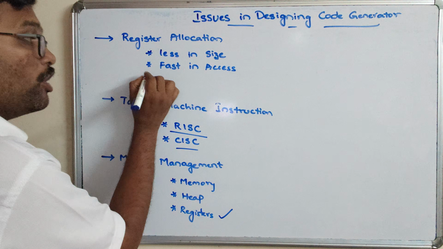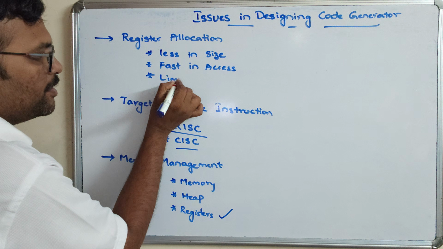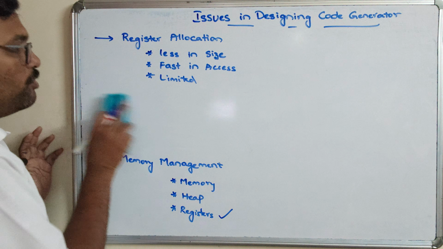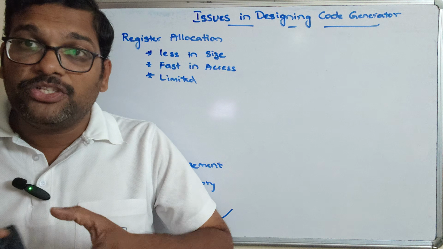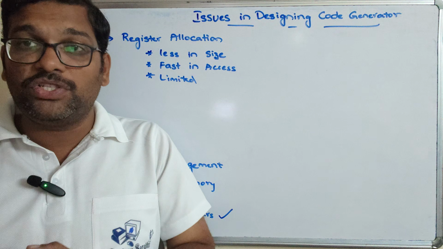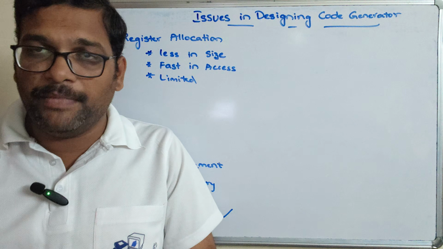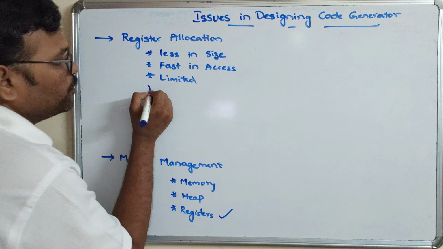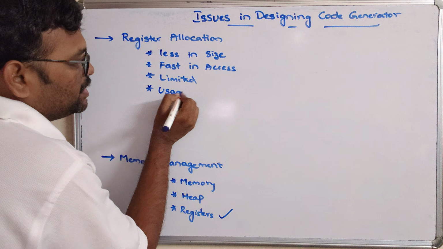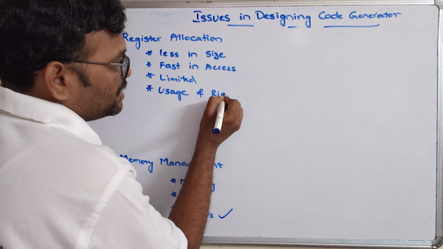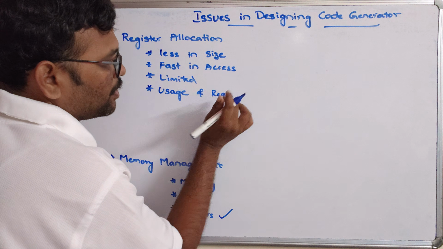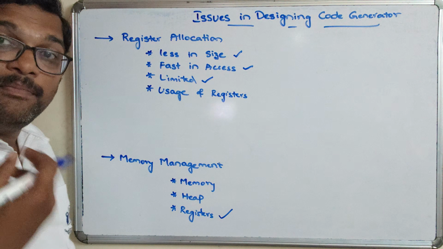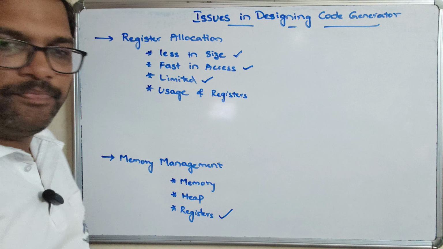Also, the registers are limited in number. So we need to take care which variables should be assigned to the registers and which variables should be allocated in memory, in order to get fast access. So usage of registers matters, because they are less in size, fast in access, and only a limited number of registers will be available.